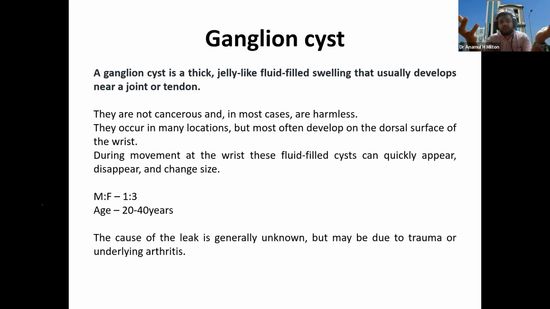We sometimes need an 18 gauge needle. Many times we need a blood collection needle, about 16 gauge, because the collection is so thick you cannot aspirate it with a very tiny needle.